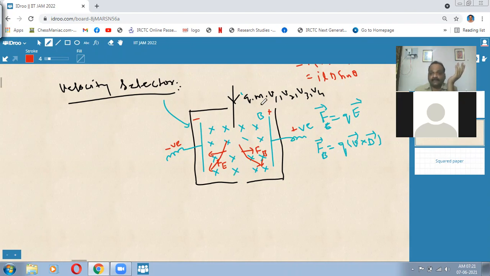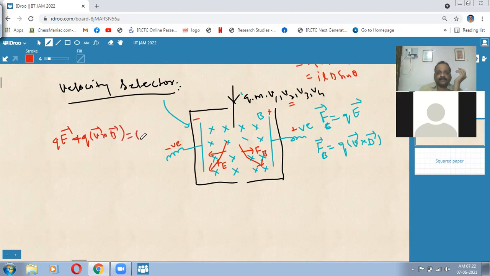But there will be some particles which are moving with exactly the right amount of velocity, where the leftwards acting electric force will be equal to the rightward acting magnetic force. The resultant force acting on the particle is QE bar plus Q into V bar cross B bar.